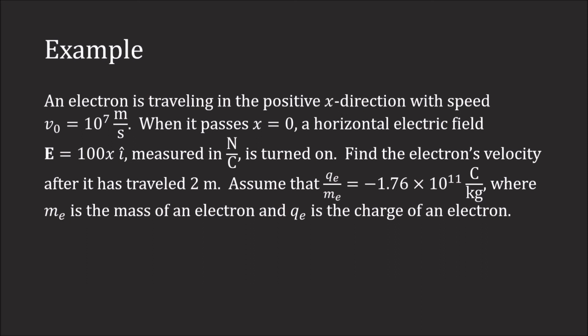Now the total energy of an electron is 1/2 mass of the electron times the square of its velocity plus the charge of the electron times its potential.